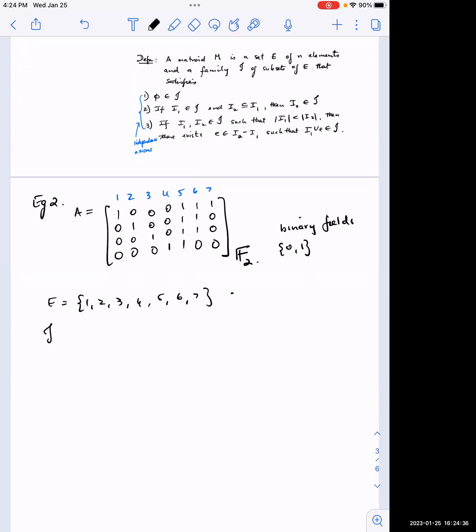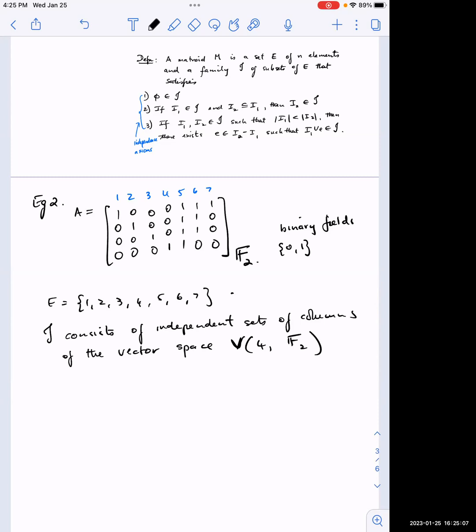So I consists of the independent sets in the linear algebra notion of columns of the vector space of dimension 4 over the binary field. So that's the notation we use, dimension 4 over the binary field.